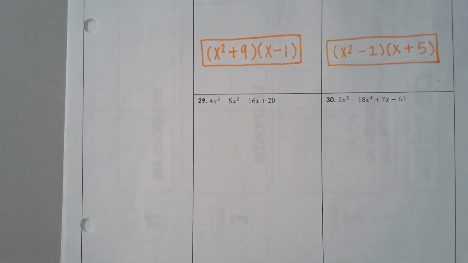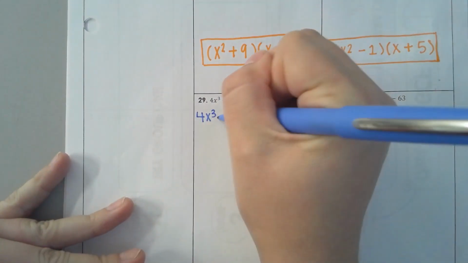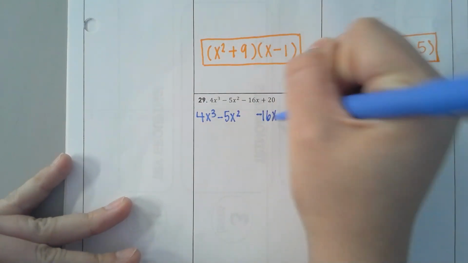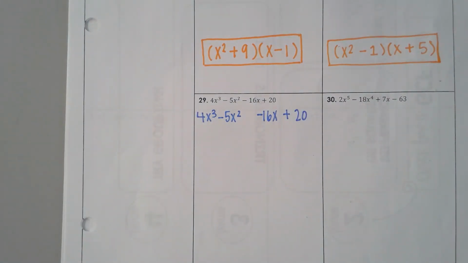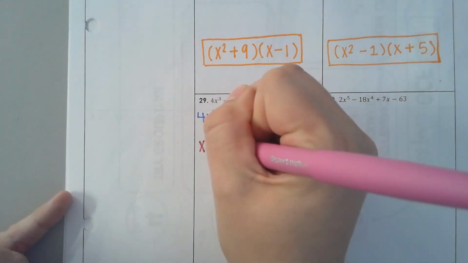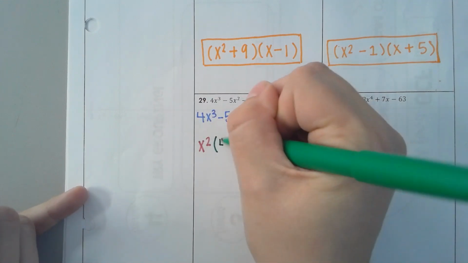Number 29, I have 4x cubed minus 5x squared and negative 16x plus 20. What is the GCF of the first group? X squared. Leaving me with? 4x.